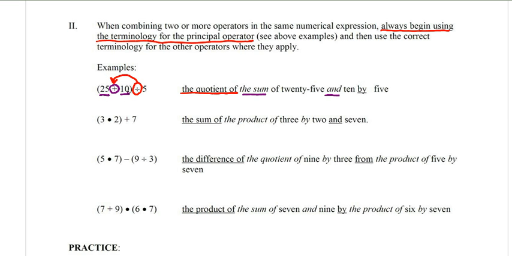When we finished with the sum, then we go and finish the quotient. We use our connecting word by. We go to the opposite side of the division sign and we pick up the final number 5. Let's check this translation.